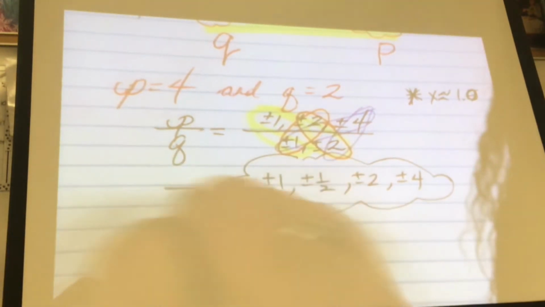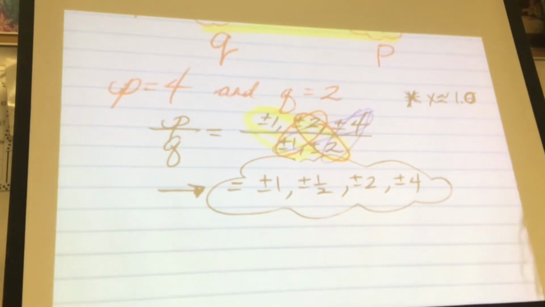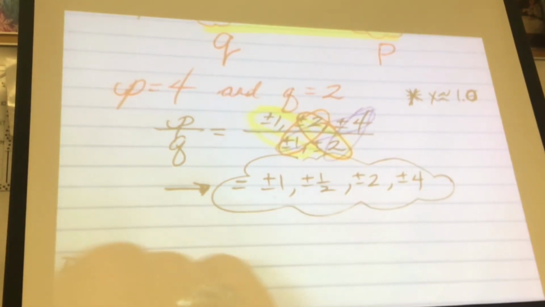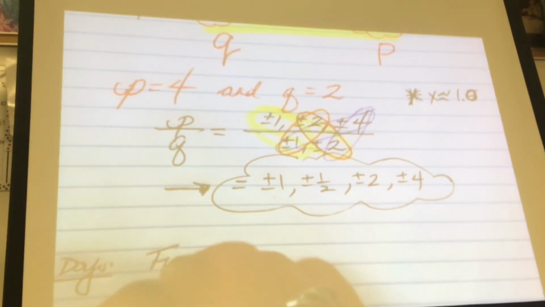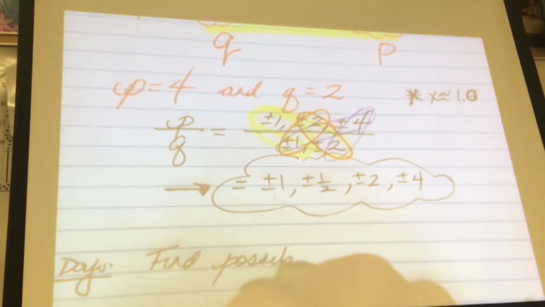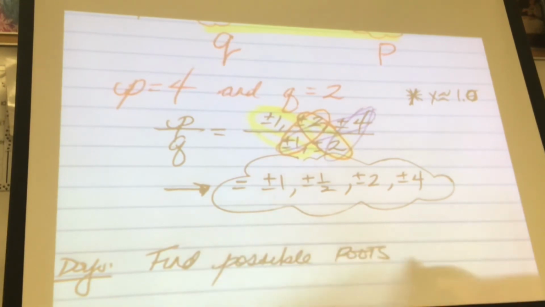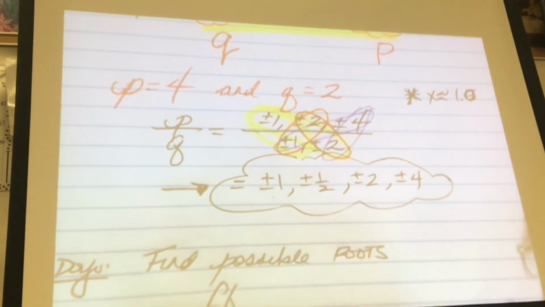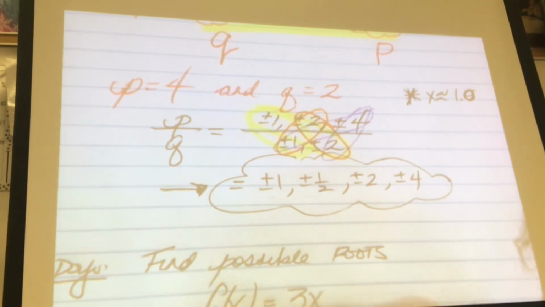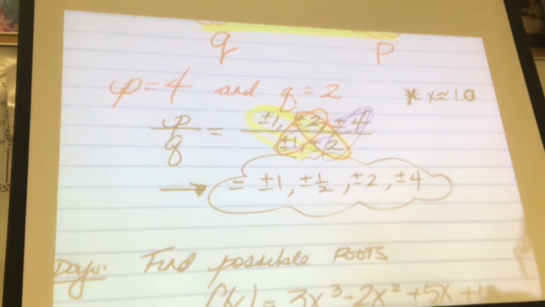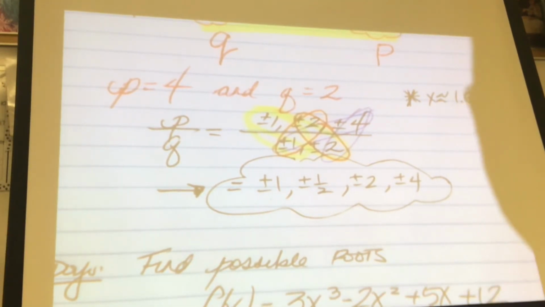Tonight's homework, you're going to do this. I'm going to ask you, what are all the possible real roots? Not find the real roots, but just what are the possible real roots that you could use? All right, here's your homework. Find the possible roots for f of x is equal to 3x cubed minus 2x squared plus 5x plus 12.